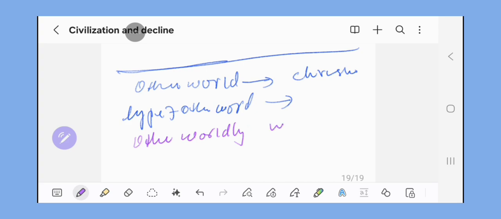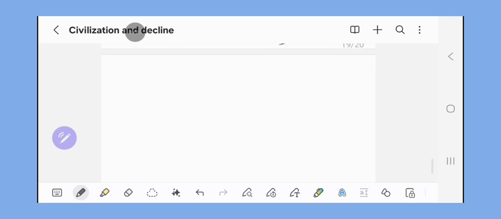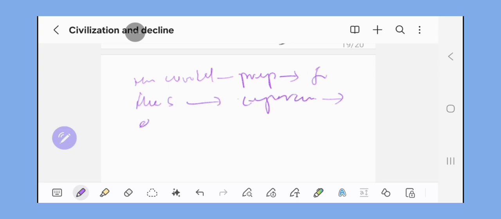In Parsons' words, it gives preference to otherworldly interests over this worldly interests. Otherworldly interests are eternal salvation, for example. Or to put it more directly, you live a life in this world preparing for the next world. As if this world is temporary, you are preparing for the eternal world. So it's a way of dealing with this world, but from the perspective of the other world. Okay, that's the basic idea anyway.